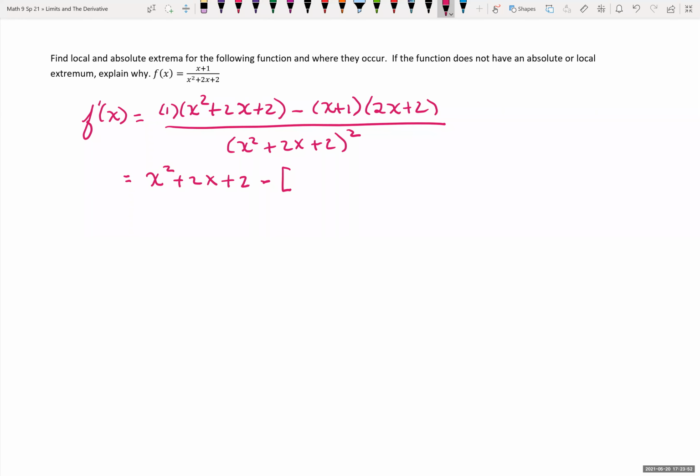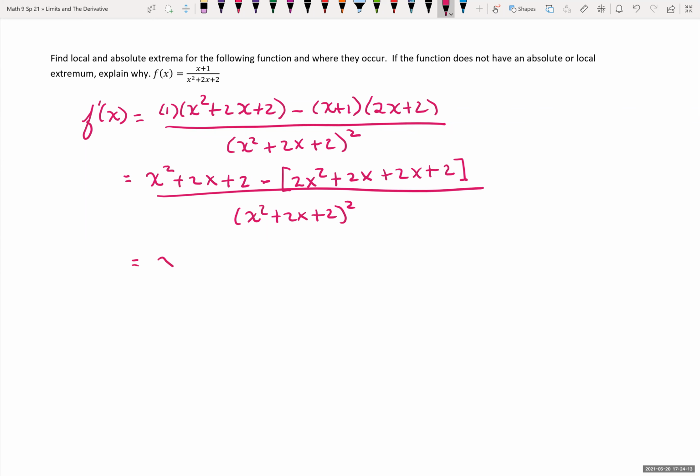If I distribute this x to 2x plus 2, I get 2x squared plus 2x. Distribute my 1, I get plus 2x plus 2. All over our denominator squared, so I have x squared plus 2x plus 2.